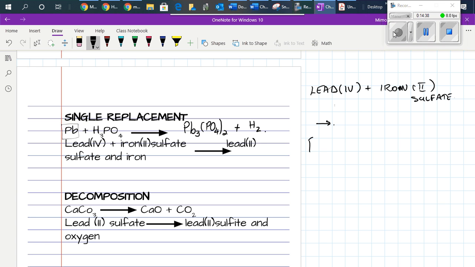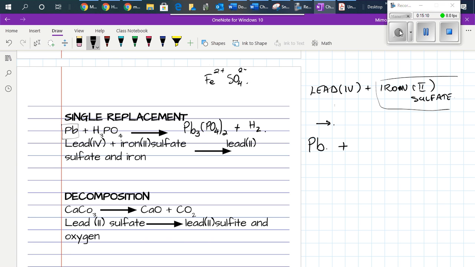So lead is Pb, and we know that it's an element in the periodic table, and now we have iron 2 sulfate. Iron 2 will be 2+, it is multivalent, and sulfate is in the periodic table under the polyatomic ions, and it is SO4 2-.